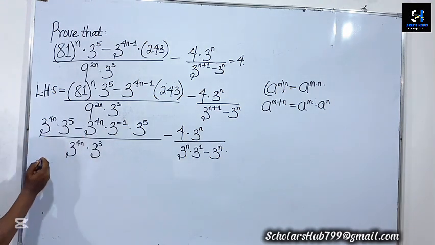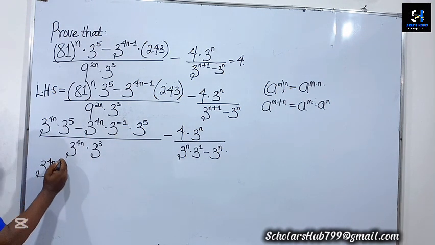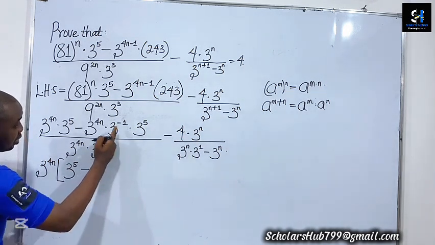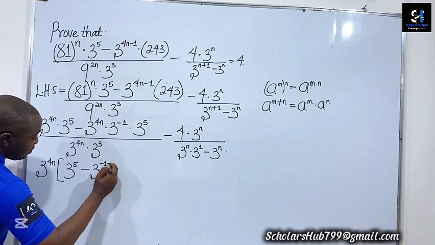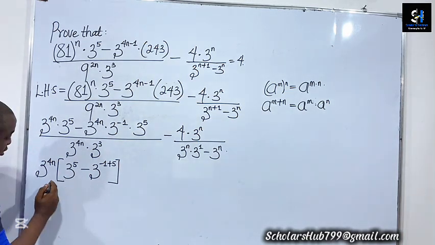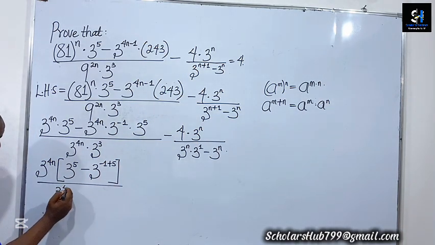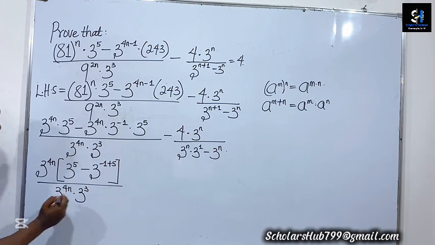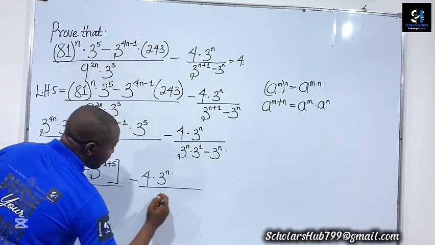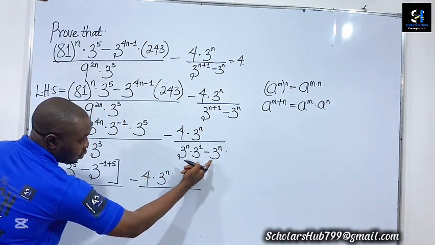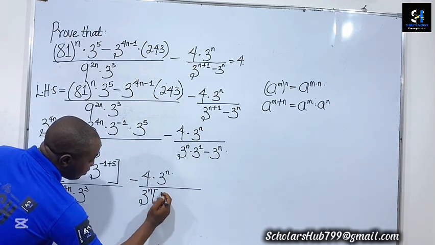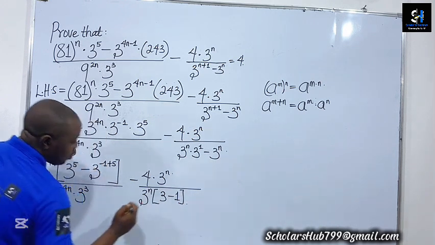So we're going to have 3 raised to the power of 4n, square bracket, 3 raised to the power of 5 minus 3 raised to the power of negative 1 plus 5, if we apply this property, all over 3 raised to the power of 4n multiplied by 3 raised to the power of 3 minus 4 multiplied by 3 raised to the power of n, divided by, now 3 raised to the power of n is common in this case, so let's factor out 3 raised to the power of n. So we have 3 raised to the power of n, then bracket 3 minus 1.